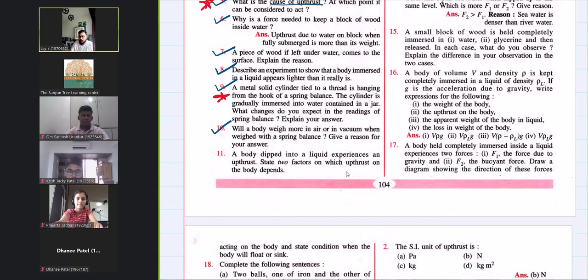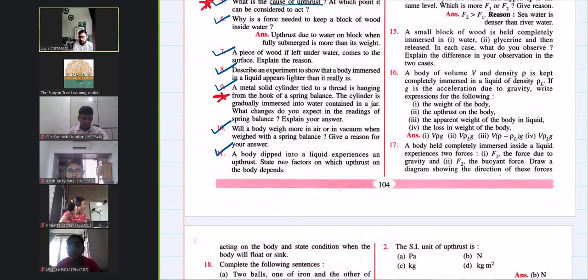A body dipped into a liquid experiences an upthrust. State two factors on which the upthrust on the body depends. Dhani, keep your cam on, please. A body dipped into a liquid experiences an upthrust.